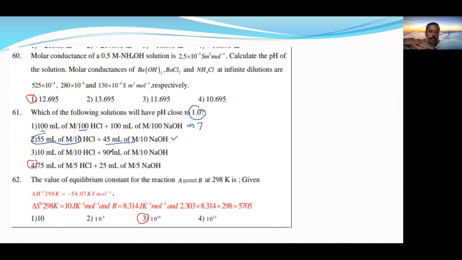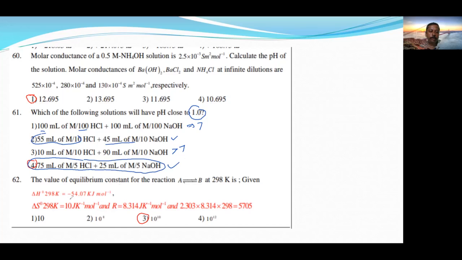So this is 1 and this is 9. Here base is more, so pH will be greater than 7. 75 by this will be 5. And see here, more acid is left over. Among the second and fourth, more acid is left over. So more chances, and the answer will be 4. This is how with tricks you can solve many questions directly.